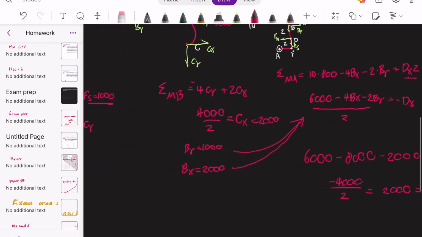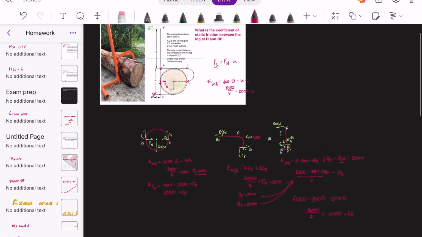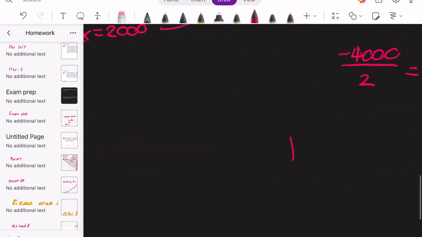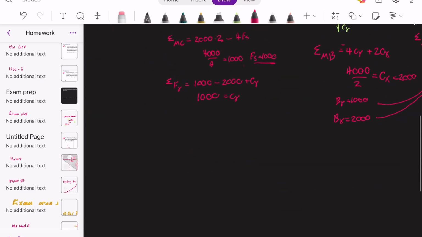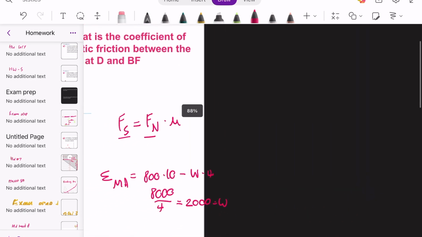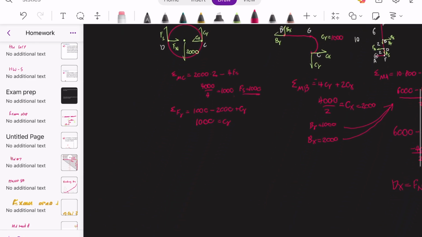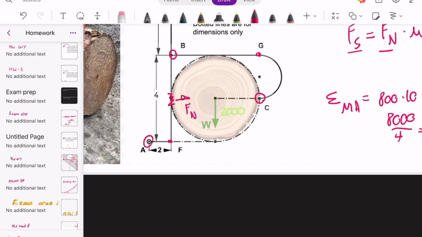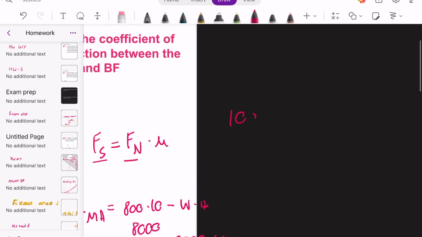All right, and then we have Dx, and from earlier we said that Dx equals the force normal. So let's finish out our equation, because we just found this. Our force of static friction, we said, was 1,000 newtons. So 1,000 equals 4,000.